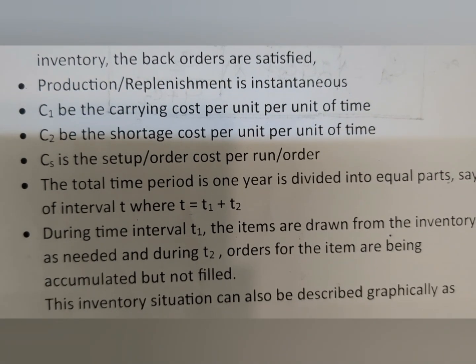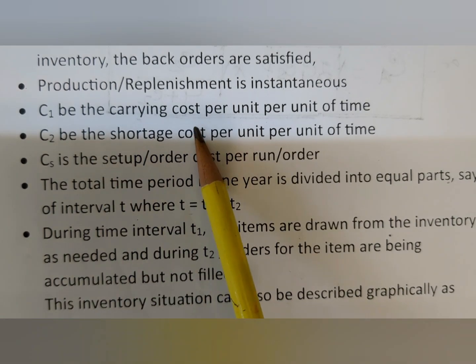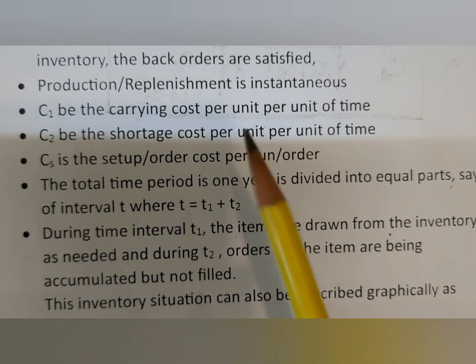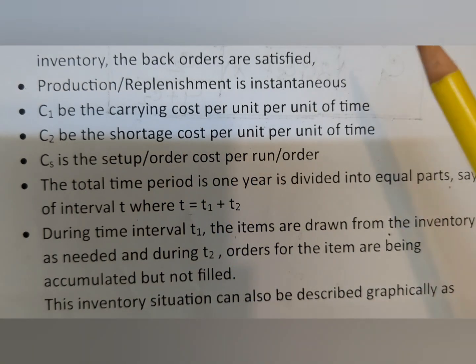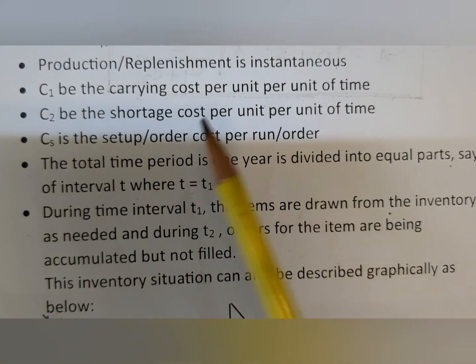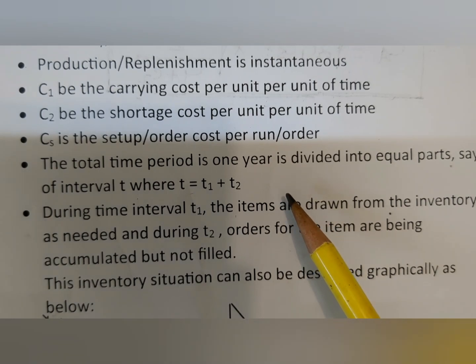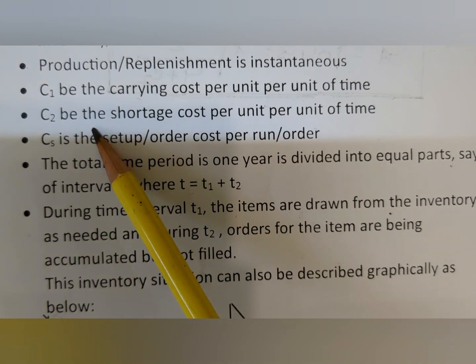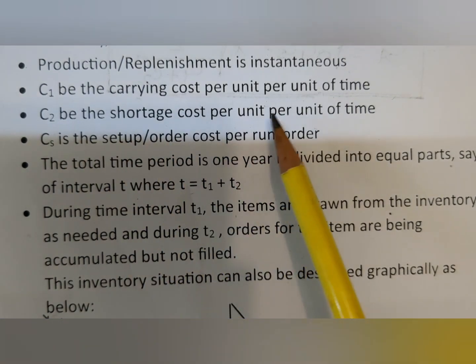Next, C1 be the carrying cost per unit of time. This is the carrying or holding cost, same. Now, C2 be the shortage cost per unit of time. Again I am repeating, C2 be the shortage cost per unit of time.